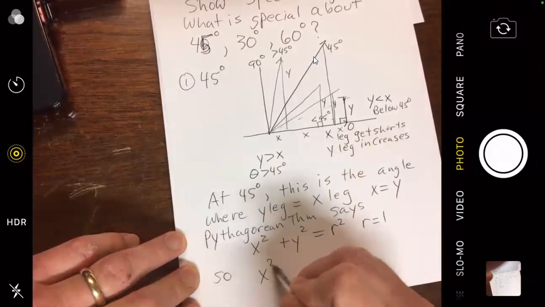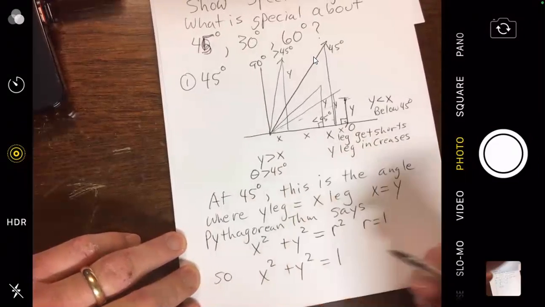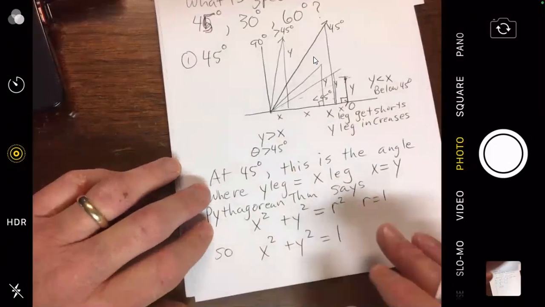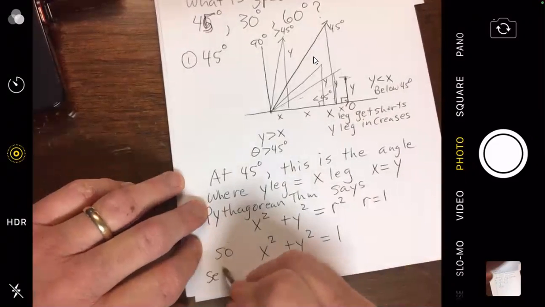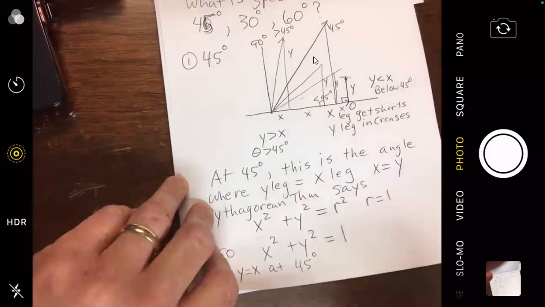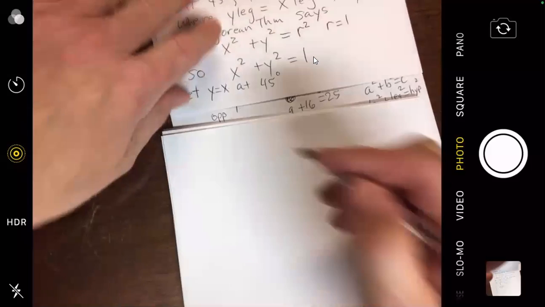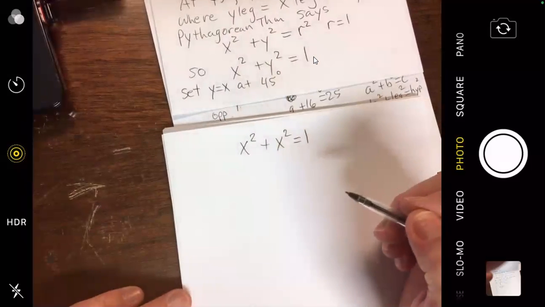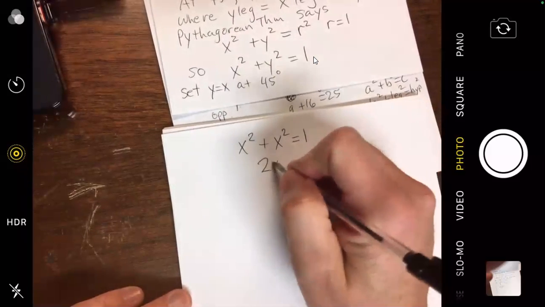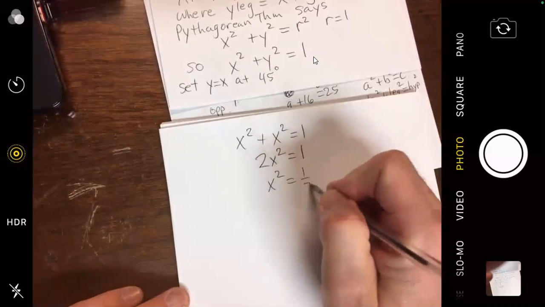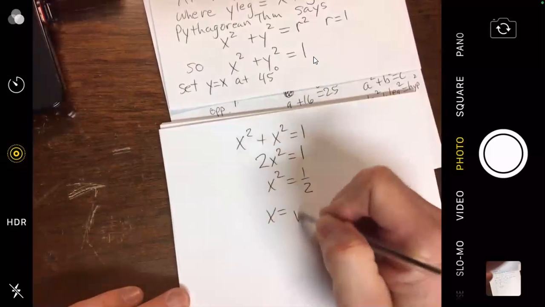So X squared plus Y squared equals 1. These are all right triangles. Set Y equals X at 45 degrees, and you have X squared plus X squared equals 1. That means 2X squared equals 1, so X squared equals 1/2, and X equals the square root of 1/2.